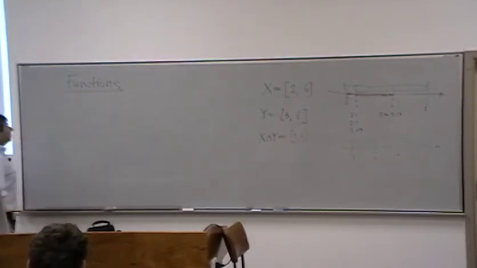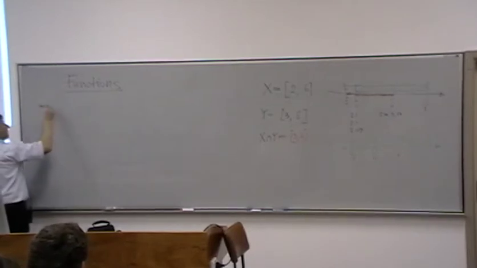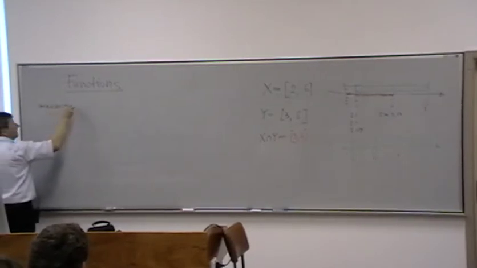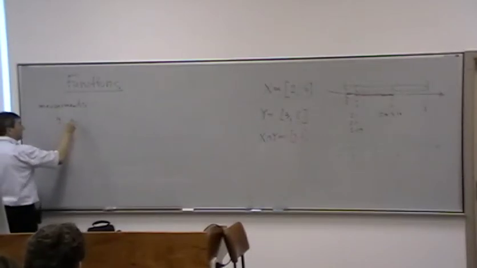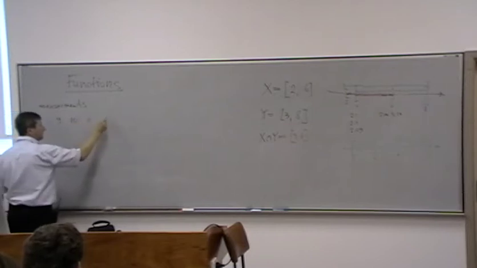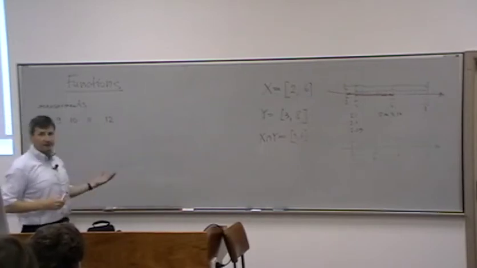You assume you have two measurements. Say one measurement is very simple. You measure time using your clock. So a measurement is, say, maybe it's 9 o'clock, it's 10 o'clock, it's 11 o'clock, it's 12 o'clock, which is already a measurement. And at the same time, you measure something else.